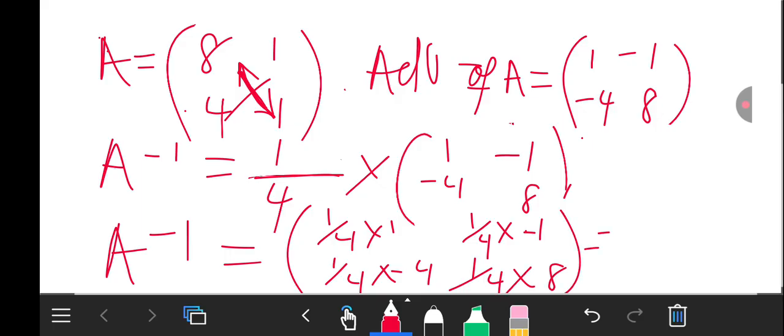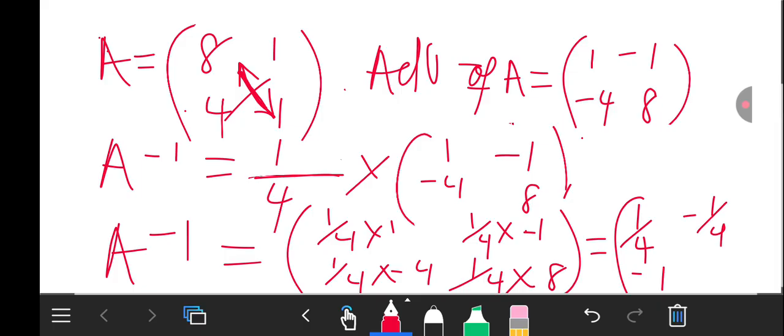So it will be equal to 1 over 4 multiplied by 1, that is just 1 over 4. 1 over 4 multiplied by negative 4 is just negative 1. Then 1 over 4 multiplied by negative 1 is just negative 1 over 4.